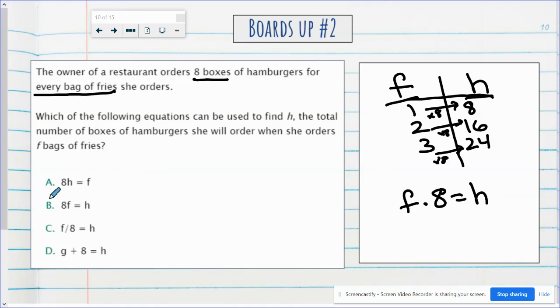I see that with option B because remember, 8F is really 8 times F. We are multiplying the number of fries times 8 to get the number of hamburgers. It's not option A because that's saying we're multiplying the hamburgers by 8, but we are not. We are multiplying the fries by 8, so it is going to be option B. All right, let's keep going.